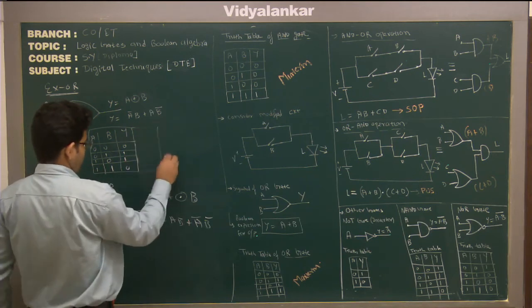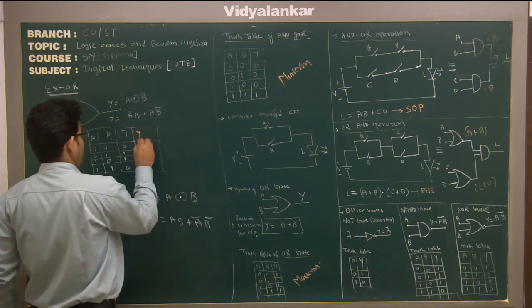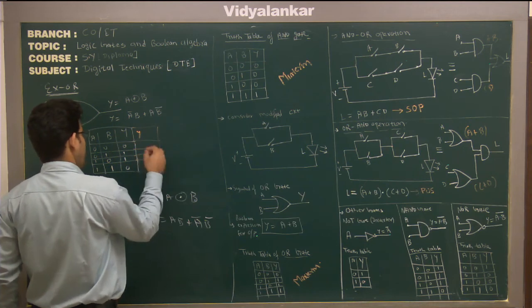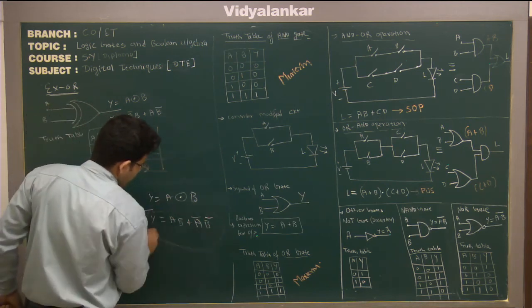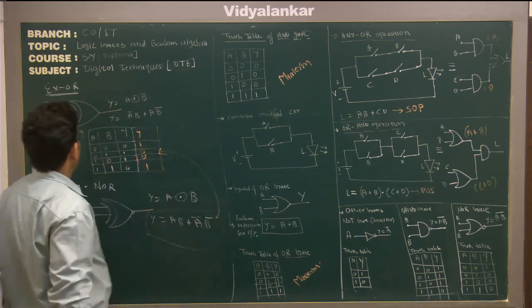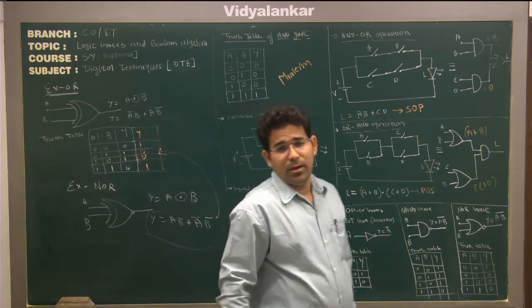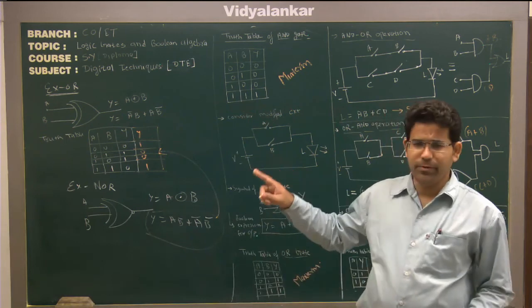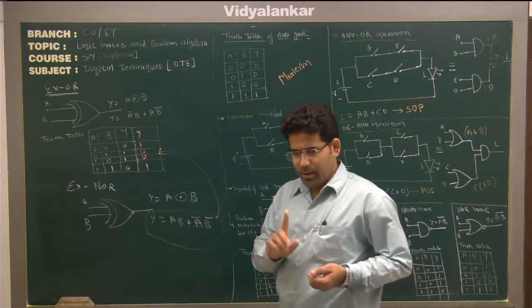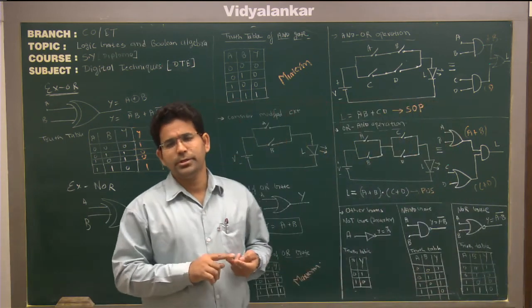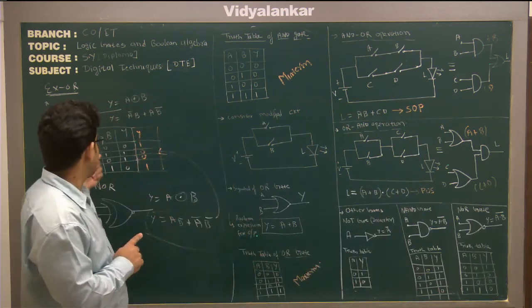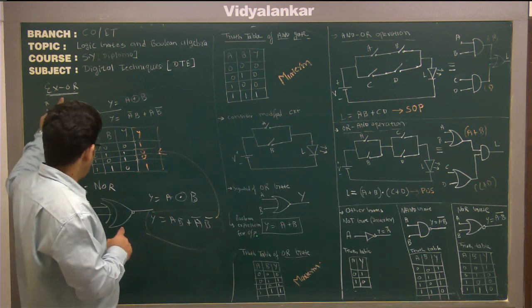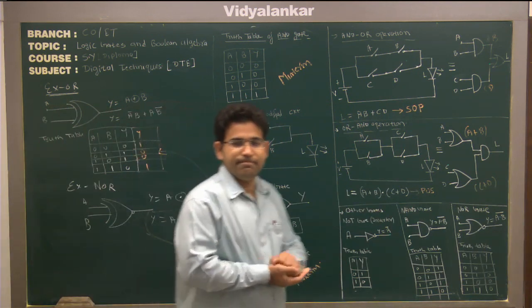Only thing you need to do over here is for Y, just invert it, complement it: 1, 0, 0, 1. So this is the truth table for XNOR. So these are 5 gates: AND, OR, NOT, NAND, NOR, and 2 exclusive or special purpose gates, XOR and XNOR. Thank you.